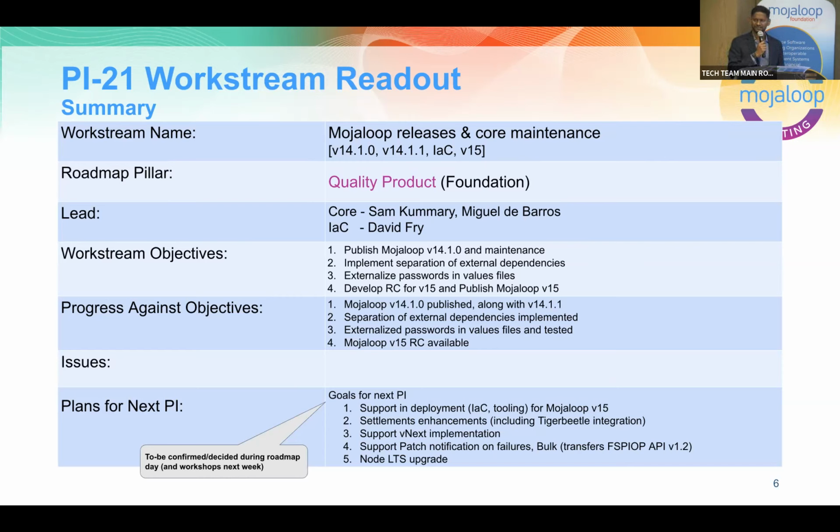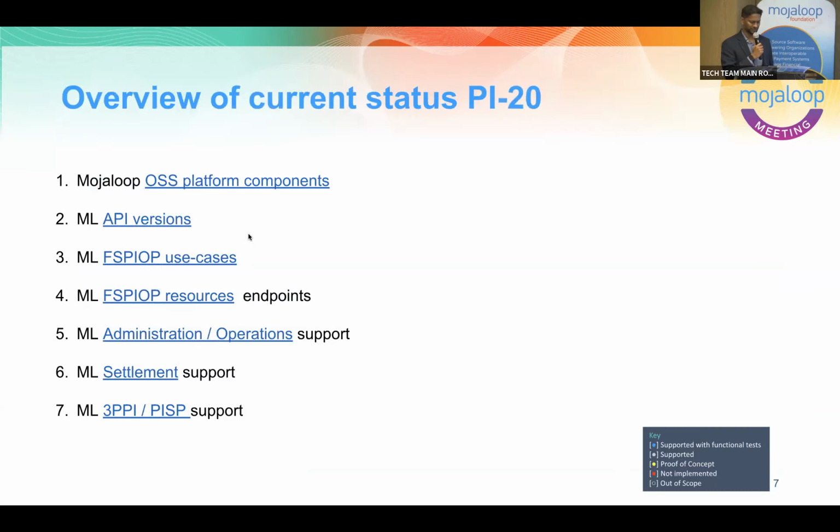We wanted to develop a release candidate for V15 and publish it. We'll look at where we are with that later in this session. We were able to accomplish most of that. We have a release candidate for V15, which we're hoping to publish as soon as possible.